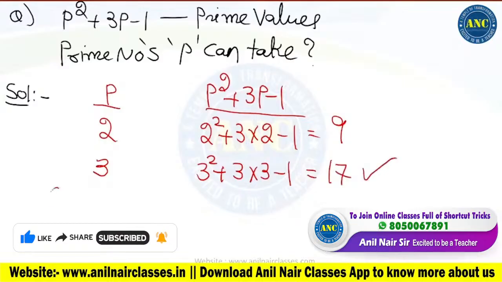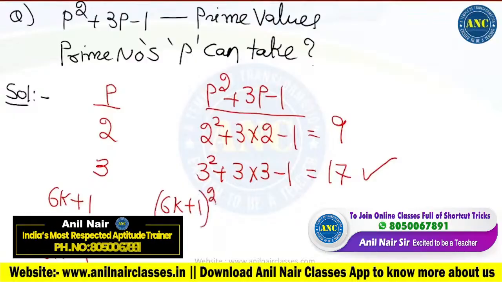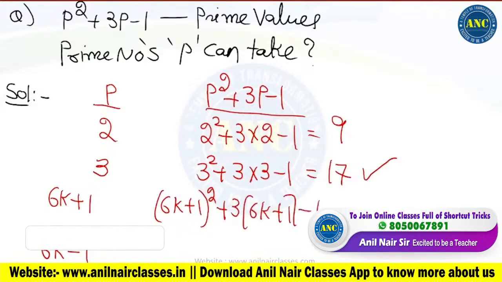Any prime number greater than 3 is 6k plus 1 or 6k minus 1. If I substitute 6k plus 1, we get 6k plus 1 whole square plus 3 into 6k plus 1 minus 1.